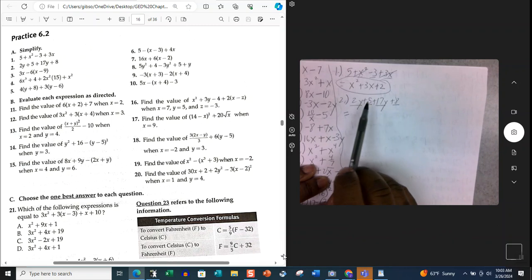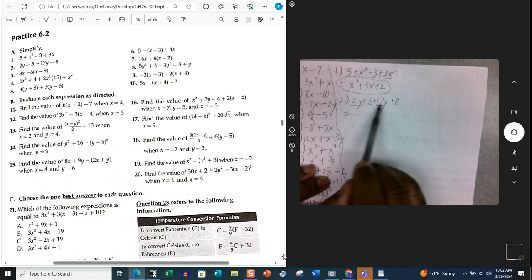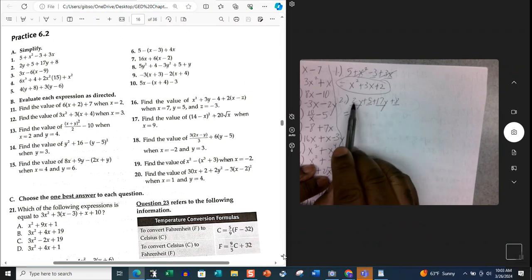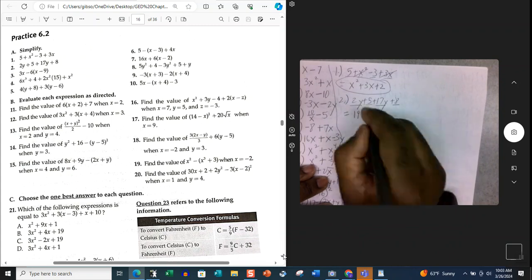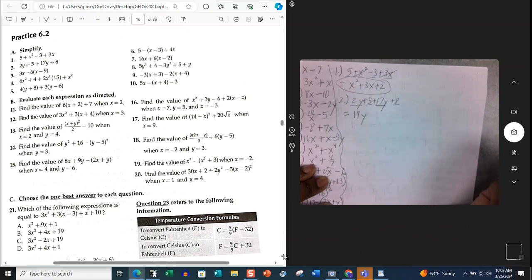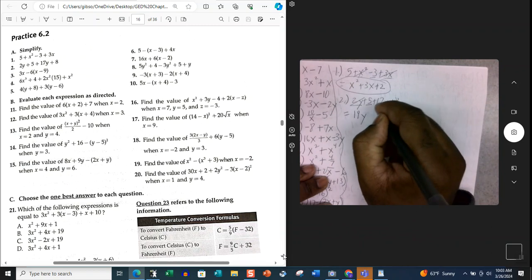Now we have to combine the like terms. We look at the variables first. We have y. Both of them are taken to the same exponent. Since this is addition, a positive 2y and a positive 17y, we would add the 2 and the 17, which would give us 19, and we would bring the variable down as is. So this would be 19y.